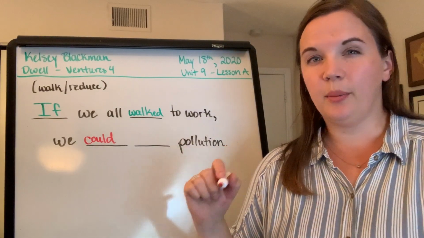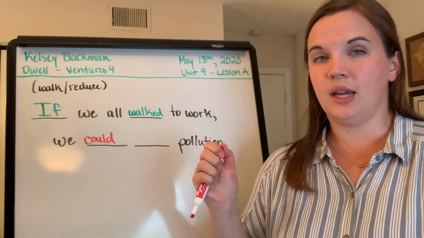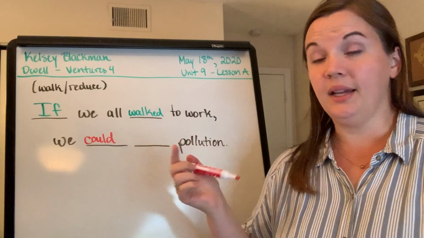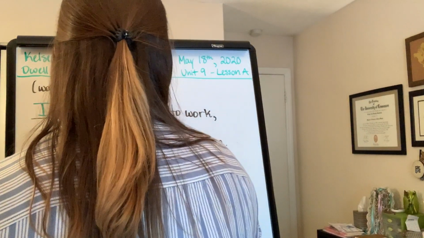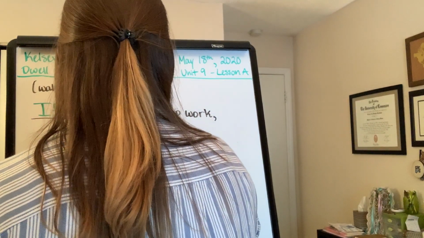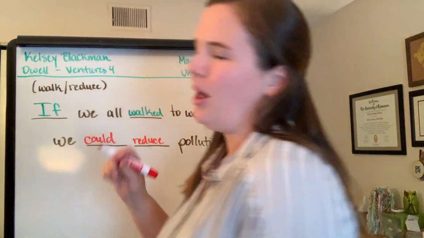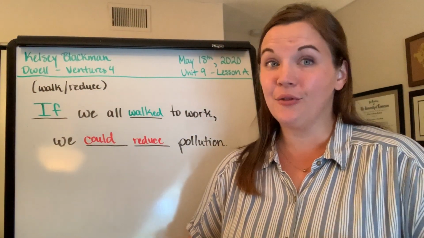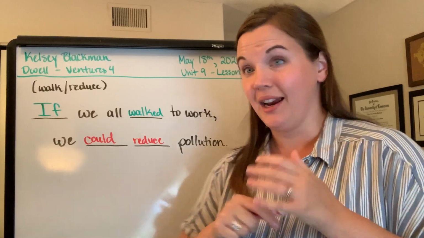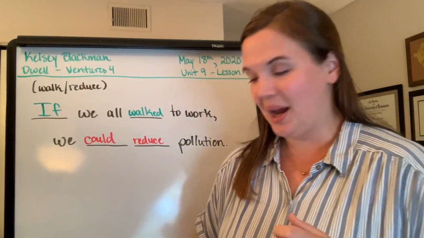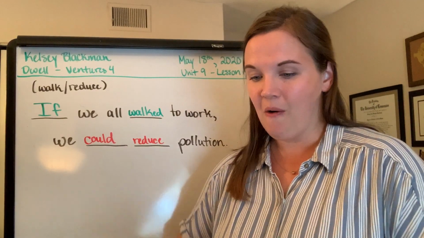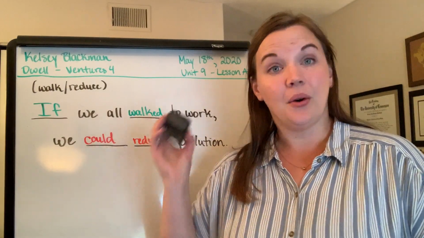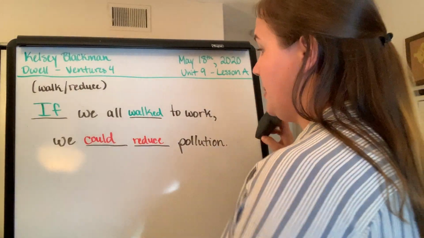So which form of the verb do we use in the results clause? The base form. So we could reduce pollen. Not pollen, pollution. Although it would be nice if we could reduce pollen. That would be great. I don't know if that's going to happen in Georgia anytime soon. But yeah. Okay, so that's what we talked about last time.